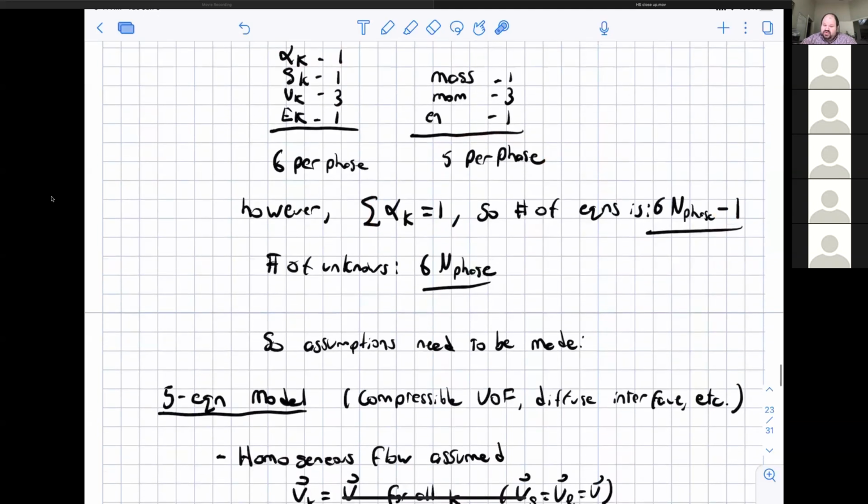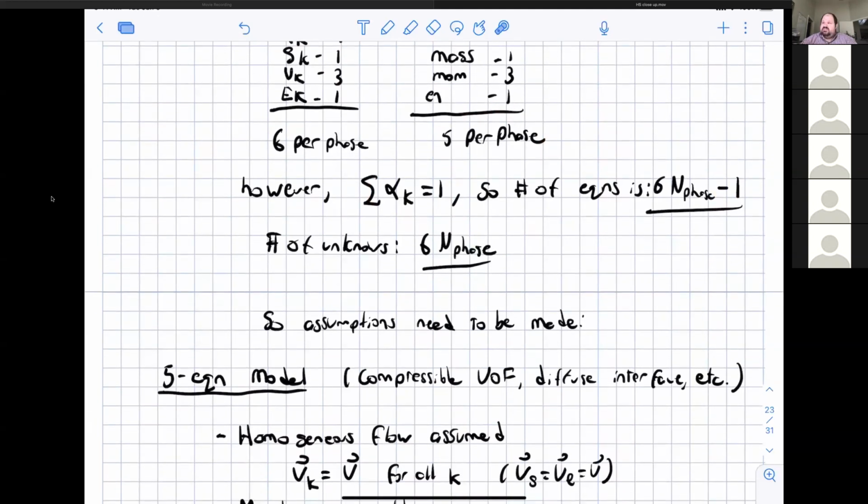And so you need to make assumptions. The key assumption with these multi-phase flow methods is what you do with the volume fraction equation, and also some other things.